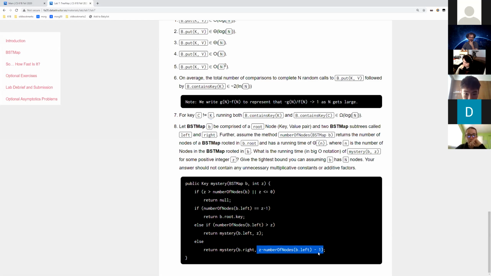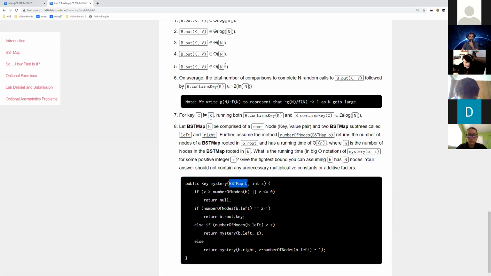What does this do? So number of nodes, this function here. So let's say Z starts at some huge number. The interesting thing is this looks like a tree of trees, not a tree of nodes, because we can pass b dot left to mystery, and b dot left has to be a BST map.